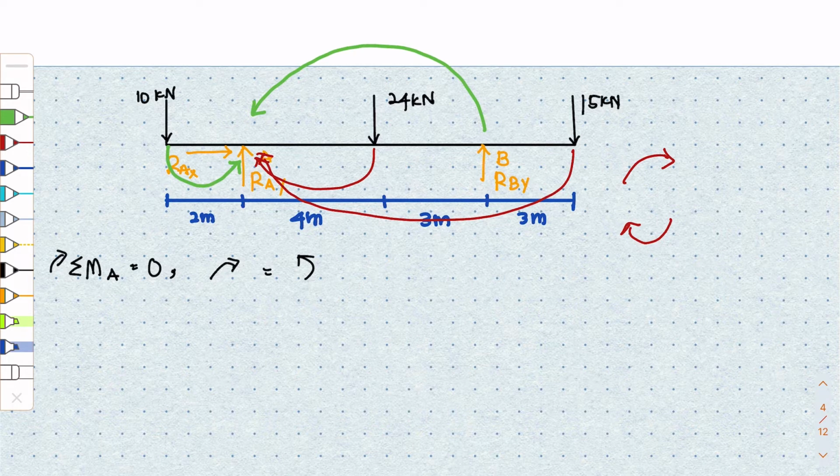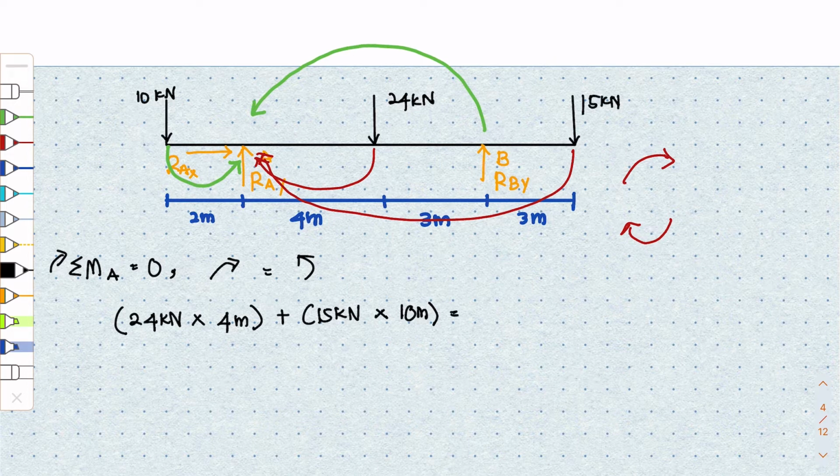So we have that 24 kN darab distance to A, 4 meter. Okay, ini adalah moment equation, plus 15 kN times 10 meter, the distance.